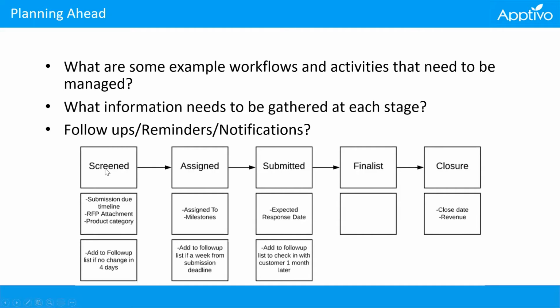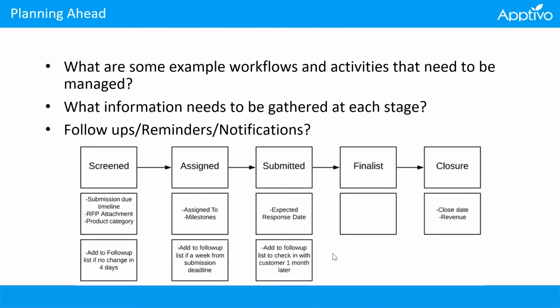In our case, once we screen the opportunity, we want to make sure that somebody assigns it to themselves. So if no one makes any changes to an opportunity, we want to know that this opportunity needs to be assigned to somebody. And then after it's assigned, we want to send a notification to the project manager when you're coming up on the deadline, so that they just have a list of opportunities that they need to be on top of and prioritize.